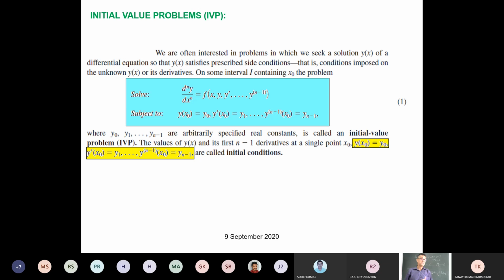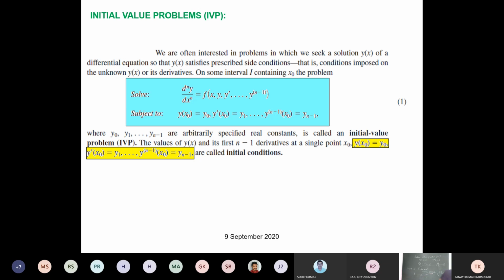So don't try to seek a geometric interpretation every time. If the differential equations come from some real life phenomenon you are mathematically modeling, then you may be able to interpret all the initial conditions geometrically, but not every time. For first order and second order, definitely we will be able to do that.